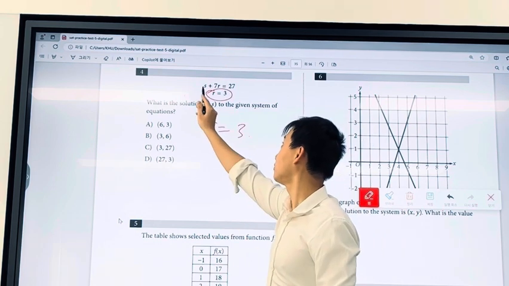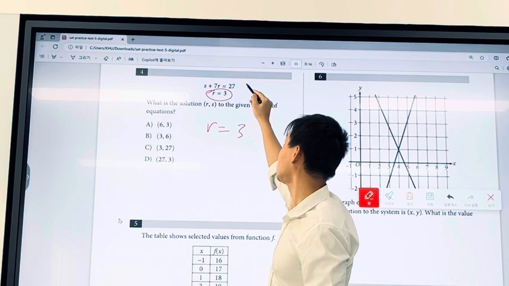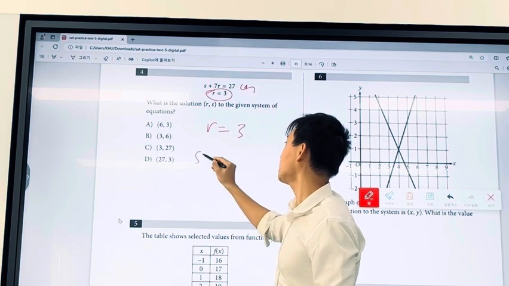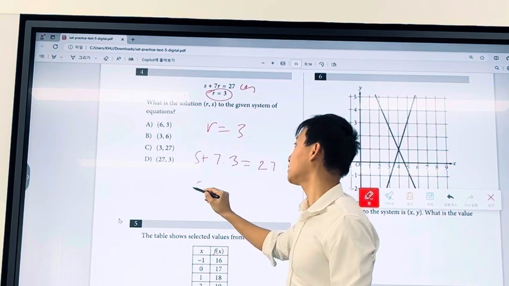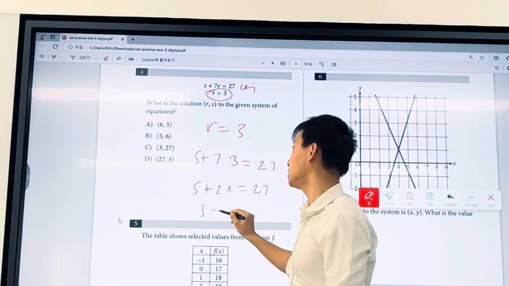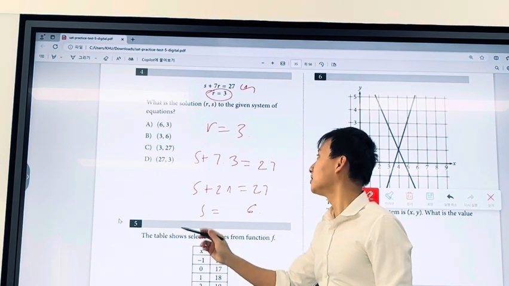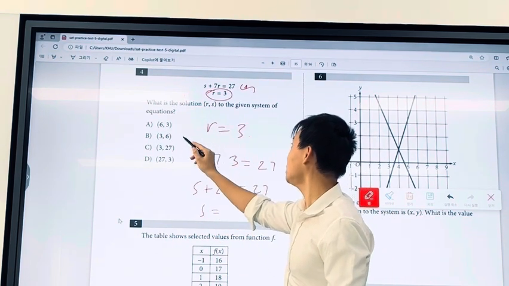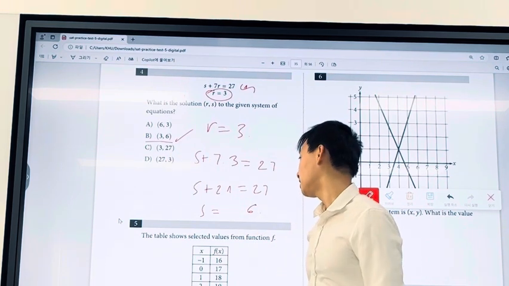To find the value of s, you substitute r into the first equation. It's going to be s plus 7 times 3 equals 27, or s plus 21 equals 27, so s is going to be 6. So the answer for this question is 3 and 6. It's very easy.